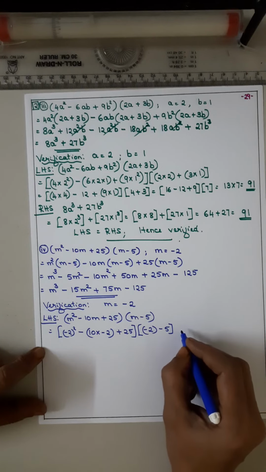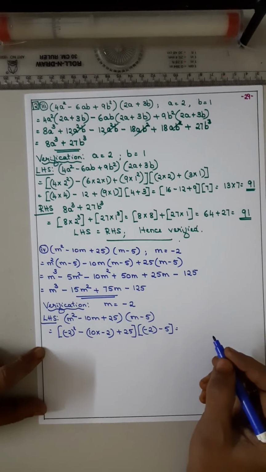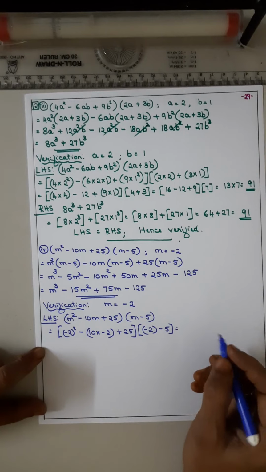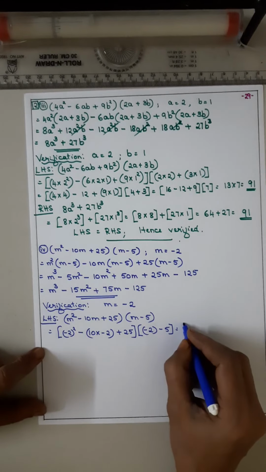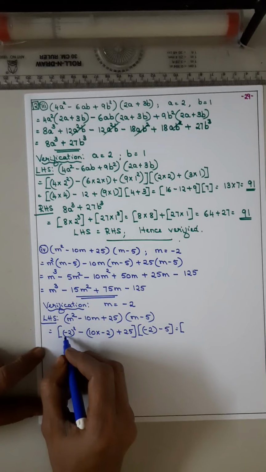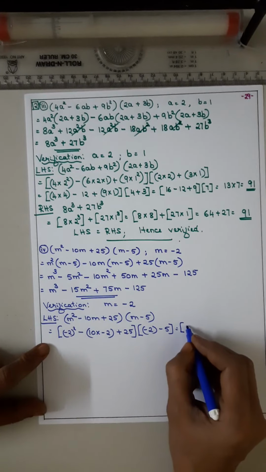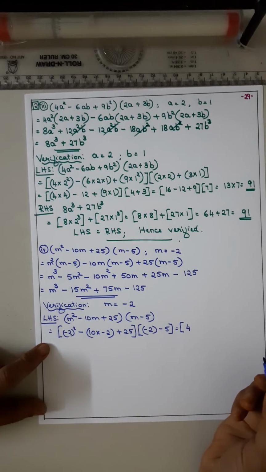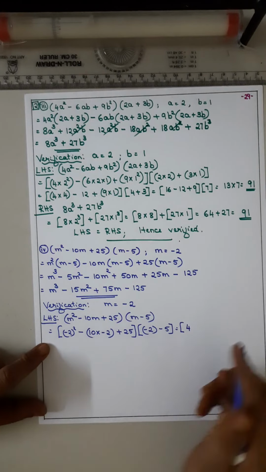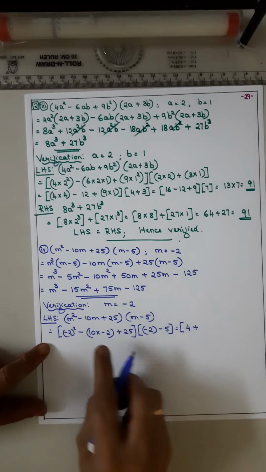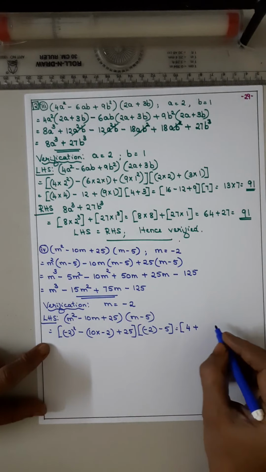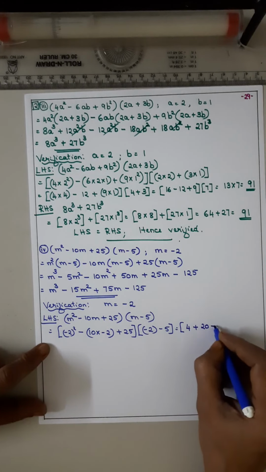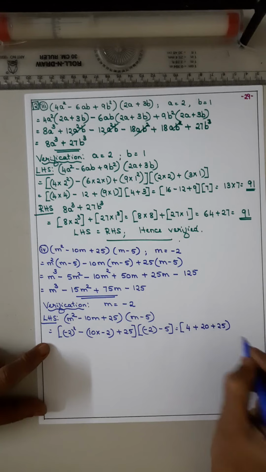Now this one, how much it will be? -2 squared, that is 4. 2 2s are 4. Sign becomes plus. Now minus of minus becomes plus. 10 2s are 20, plus 25.